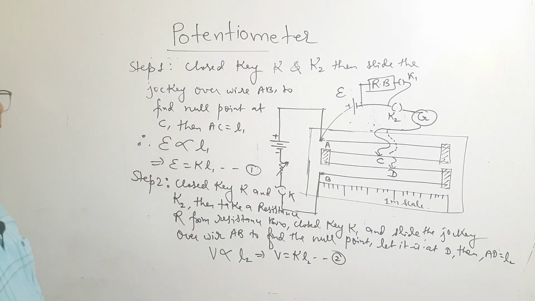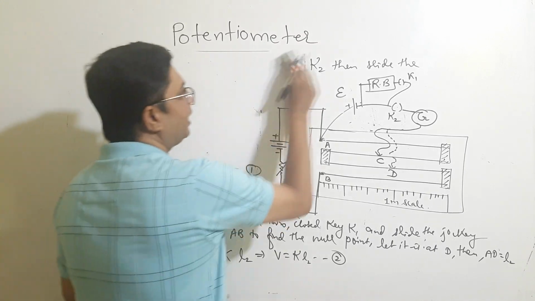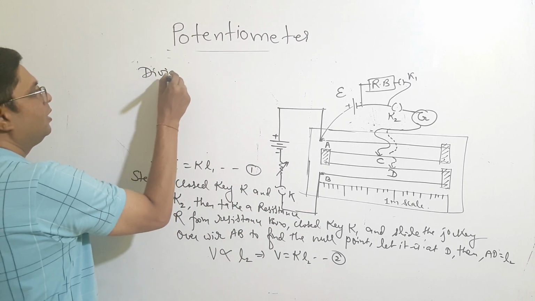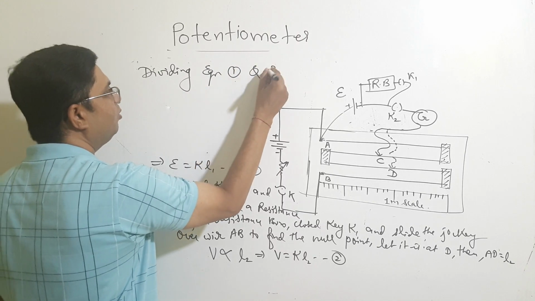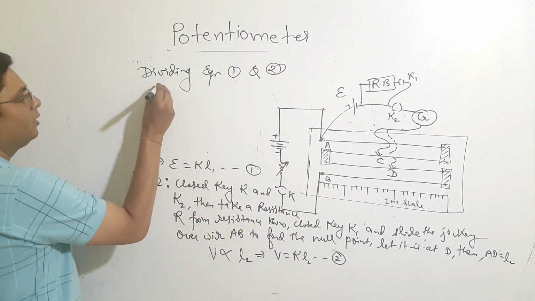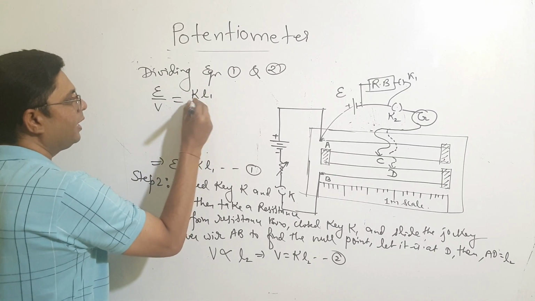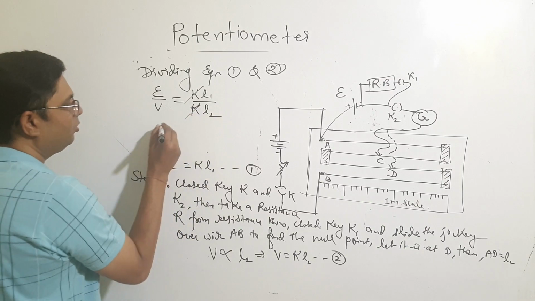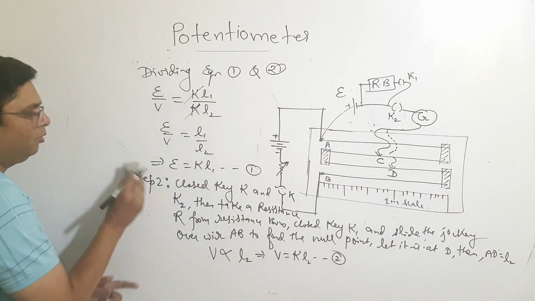Now again you divide equation number 1 and 2. Dividing equation 1 and 2, you get E upon V equals KL1 upon KL2. Cancel this K. So you have E upon V equals L1 upon L2.